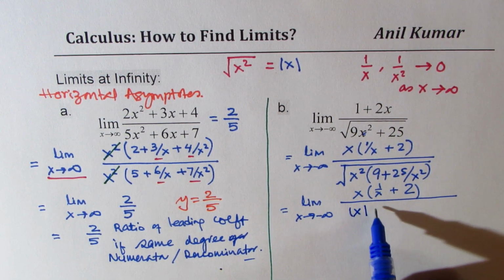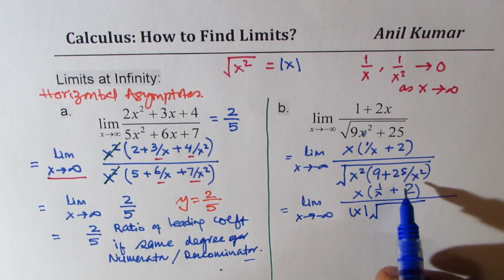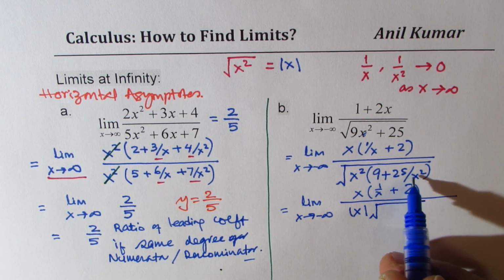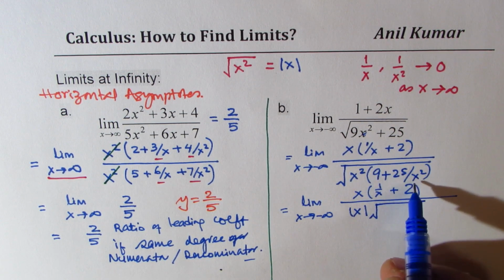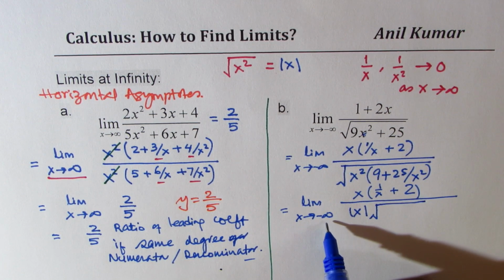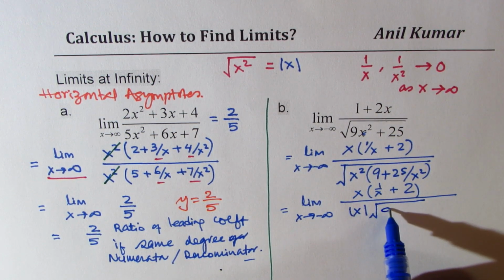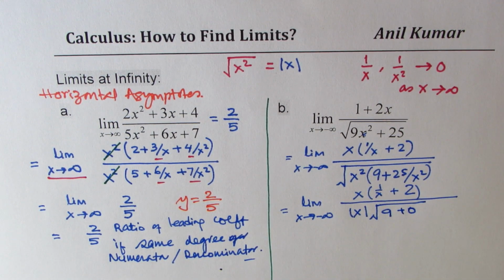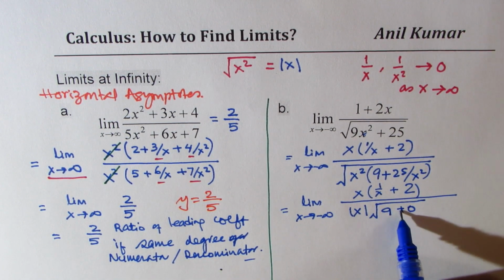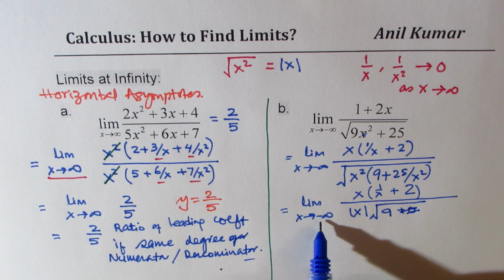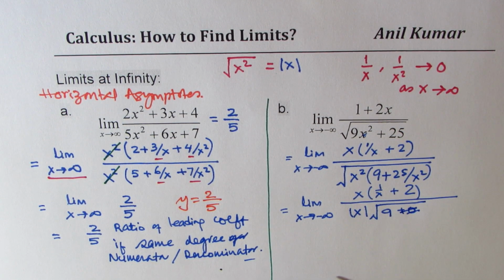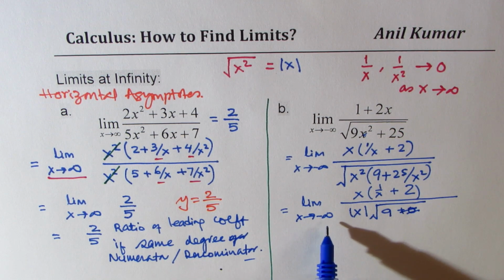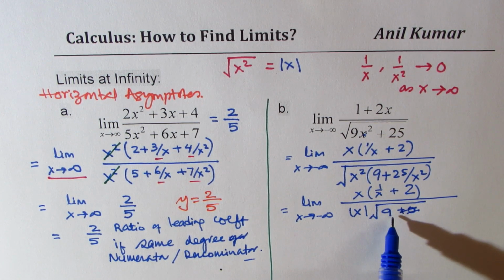So it is absolute value of x, and within the square root, the second term is 25 over x squared. As x approaches a large value, you are left with 9. This part is approaching 0, right? So I'm purposely writing it, since x is approaching minus infinity. Is it okay? Now, we are only approaching, we are not finding the exact value.